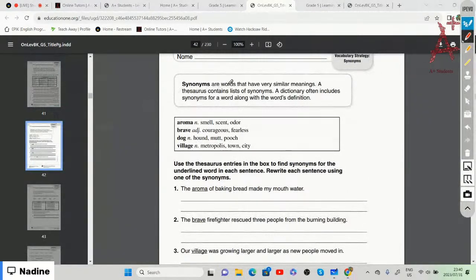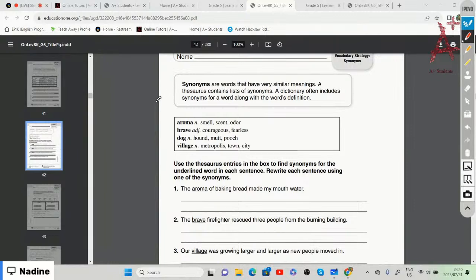So synonyms are words that have very similar meanings. A thesaurus contains a list of synonyms. So if you find a thesaurus, it will give you literally a list of synonyms. They'll give you a word, and then lots of words that are similar in meaning to that one specific word.